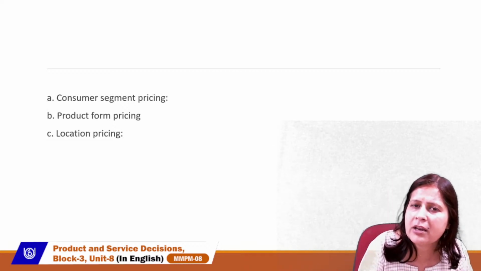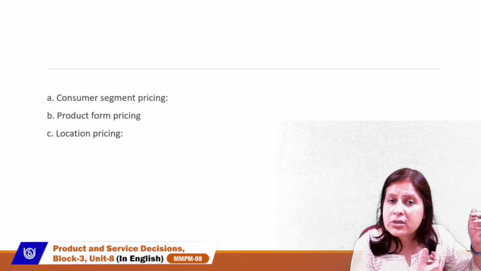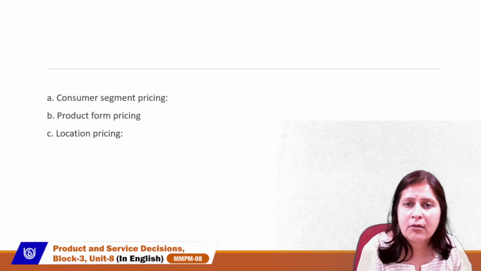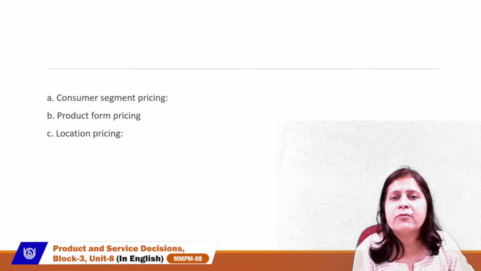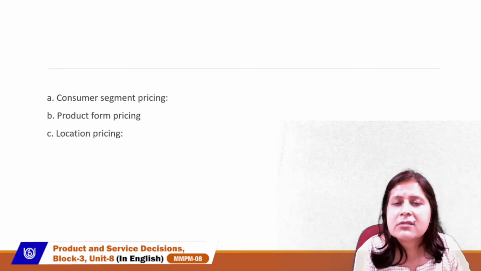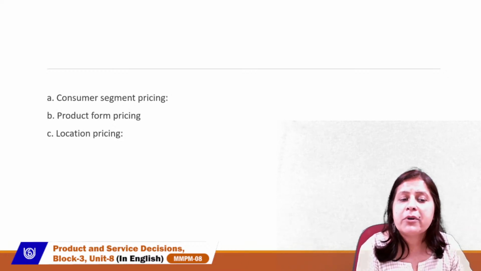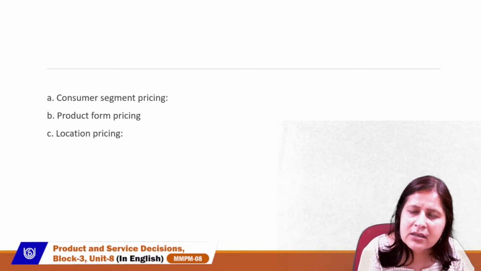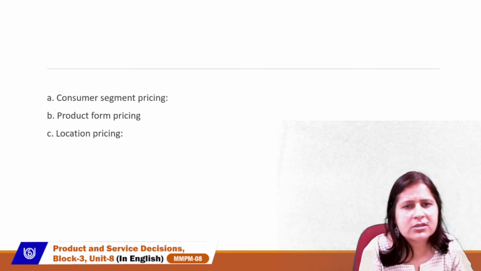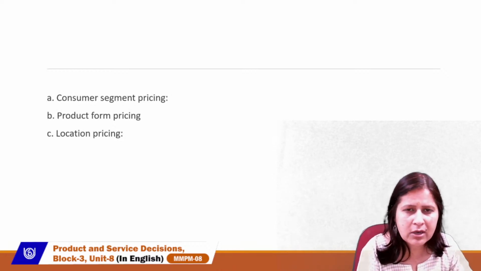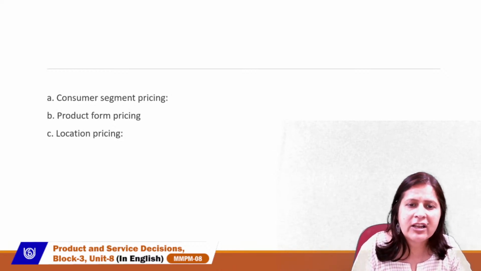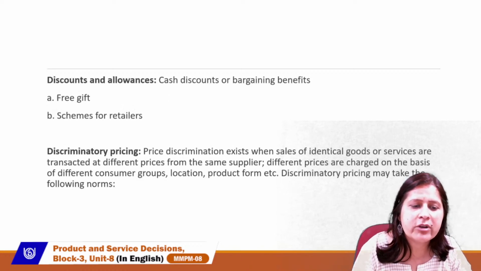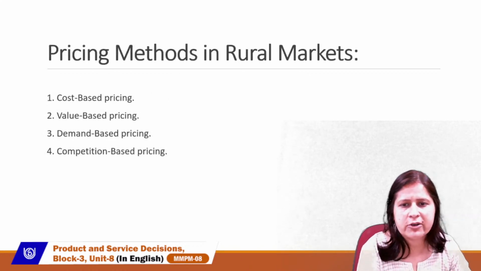Even in the urban area, it depends on which location your store is in, or to which location you are offering your services. And product form pricing: there could be variations in the product, then you can price accordingly. This is known as discriminatory pricing, right?